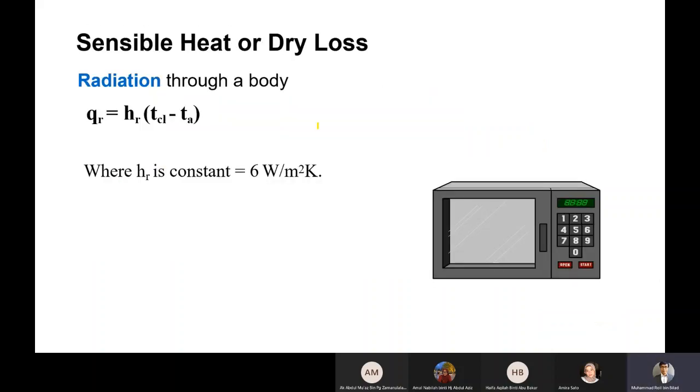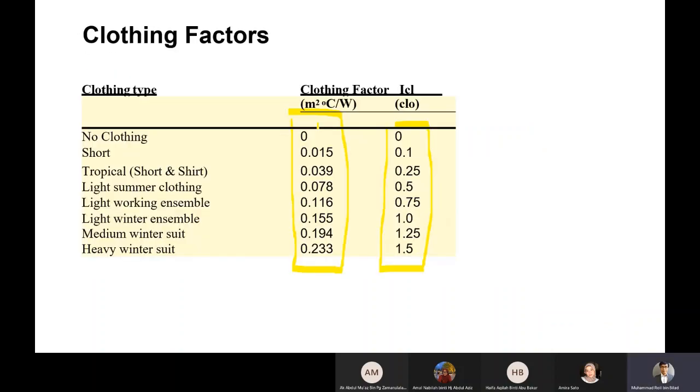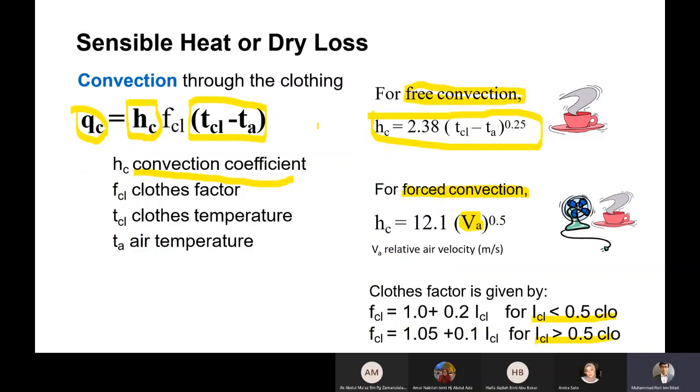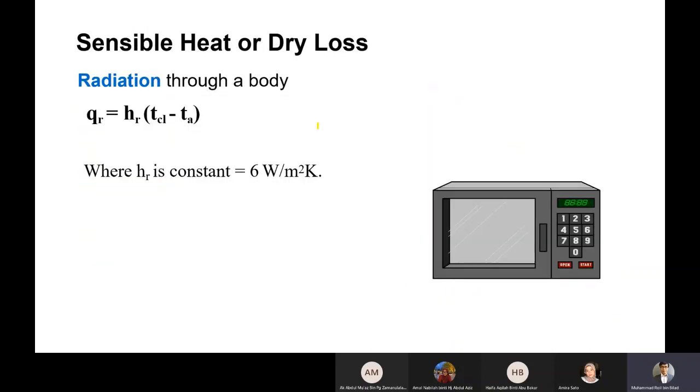Next, the sensible heat, I repeat again, released through conduction. You can calculate from the conduction or through convection plus radiation. So you got this convection. Then next is radiation. Radiation through a body is very simple.